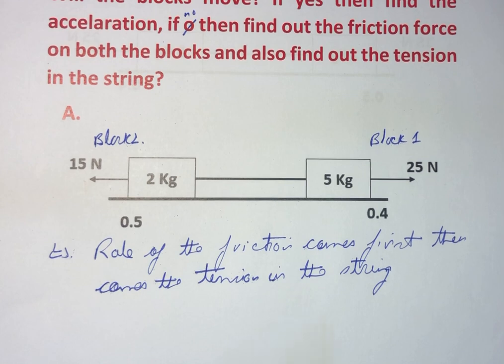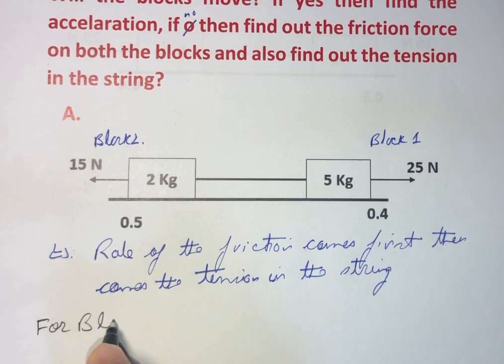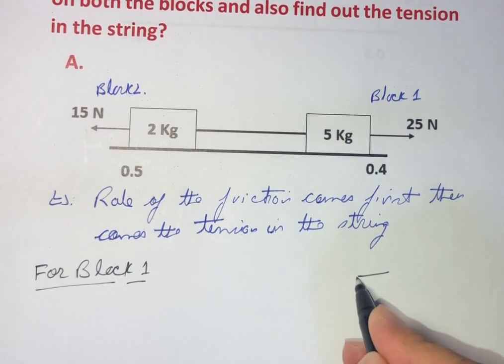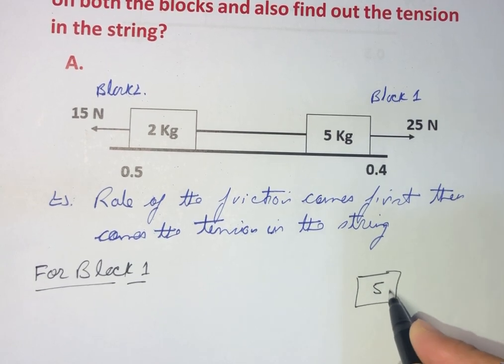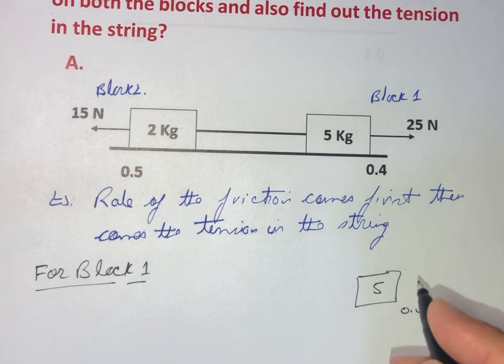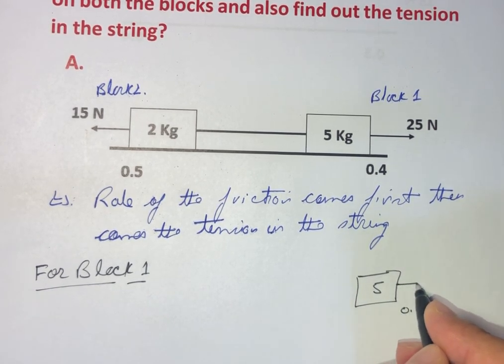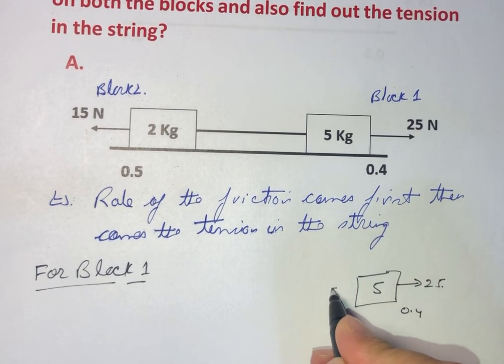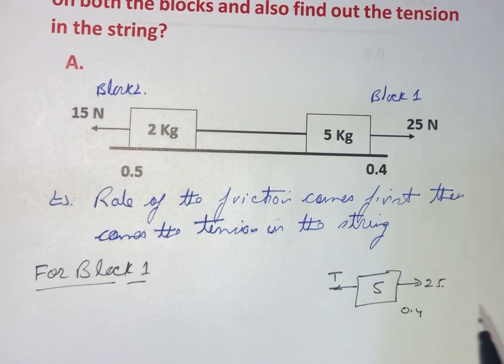For block 1, this is a 5 kg block and the coefficient of friction is 0.4 and there is a force of 25 Newton, and if possible then there will be tension T. Okay, then we will see whether it works or not.